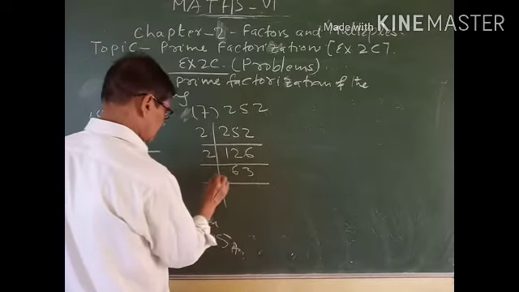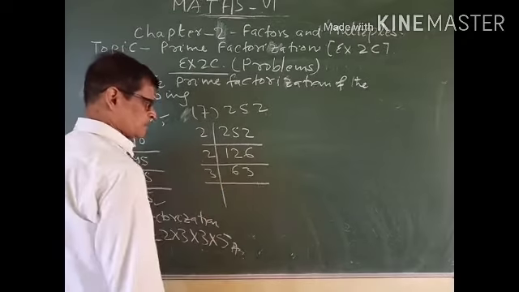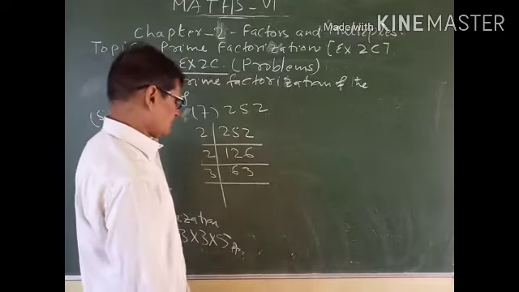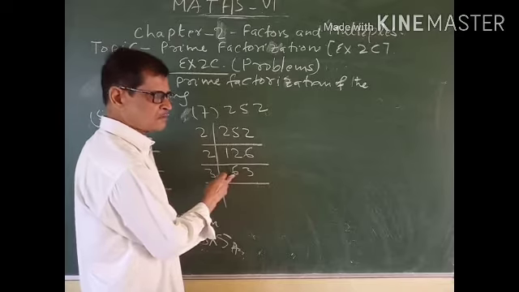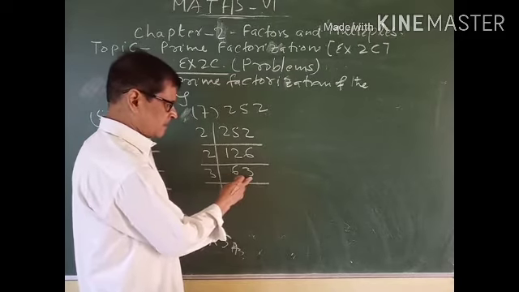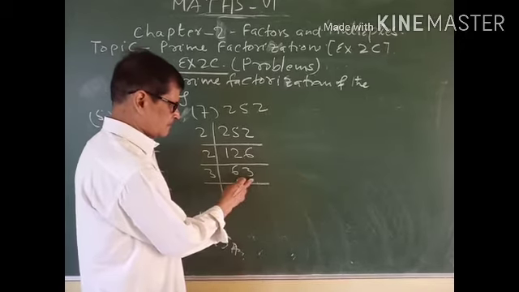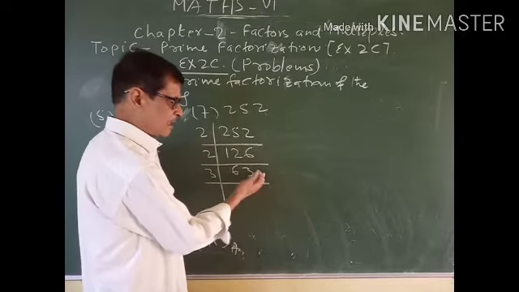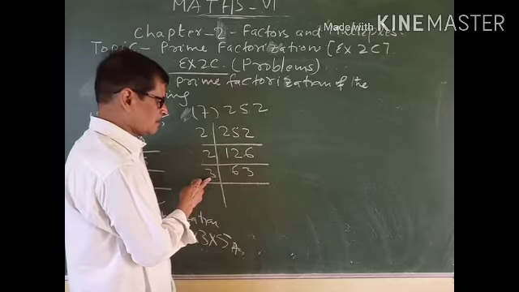Now this is divisible by 3. How did you come to know that this number is divisible by 3? Add the digits 6 and 3. If you add 6 and 3, you will get 9. And 9 is divisible by 3.